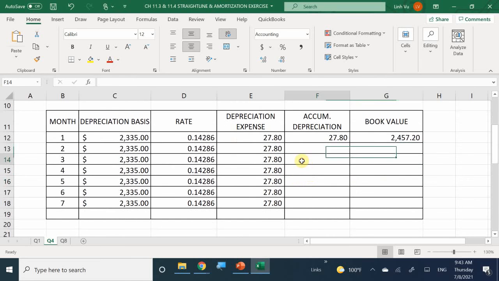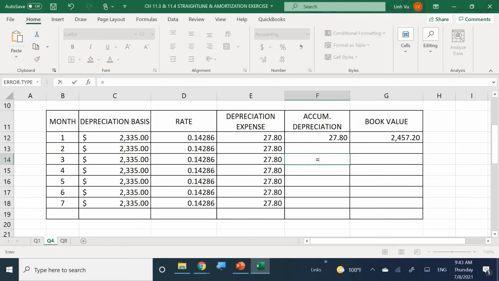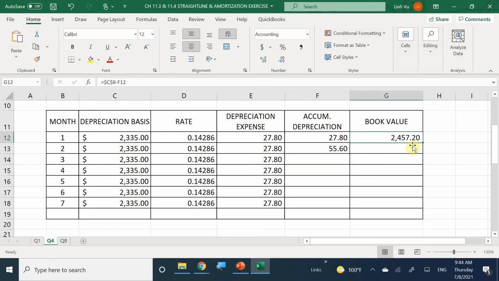So then what is going to be my accumulated depreciation for the second month? $55.60. 55.60. Which then brings my book value to 2429.40. Excellent. So on and so forth.